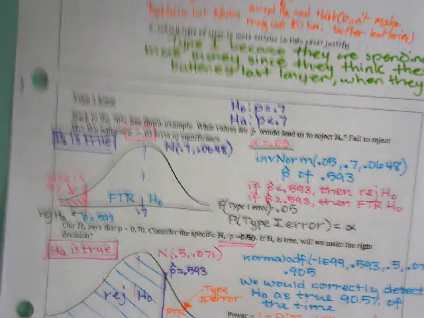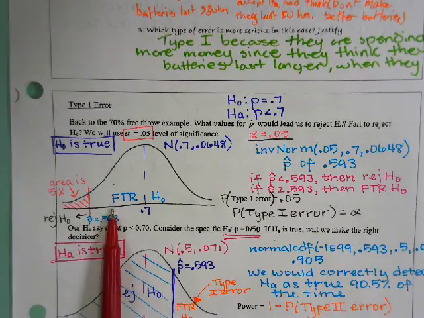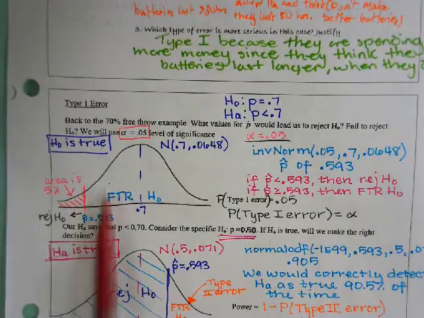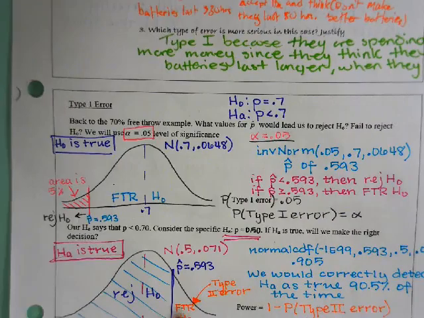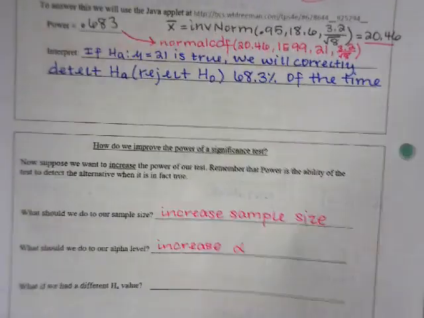And then what if we had a different alternative value? If you move your alternative further away from the null, it increases the power of your test.